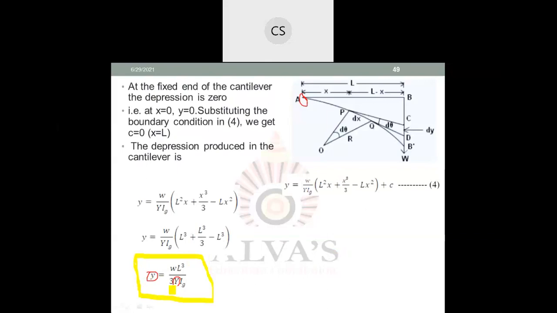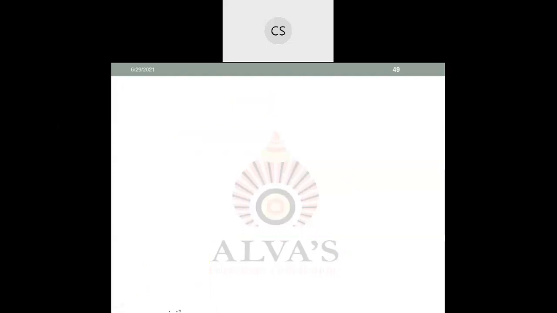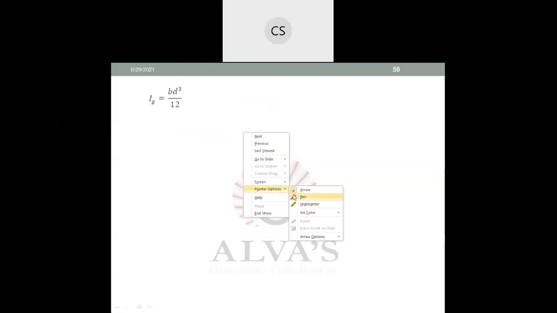Now, whenever you consider a beam, there are two types of beam possible. One is geometrical cross section rectangular, another one is circular. Let us consider a beam with rectangular cross section.